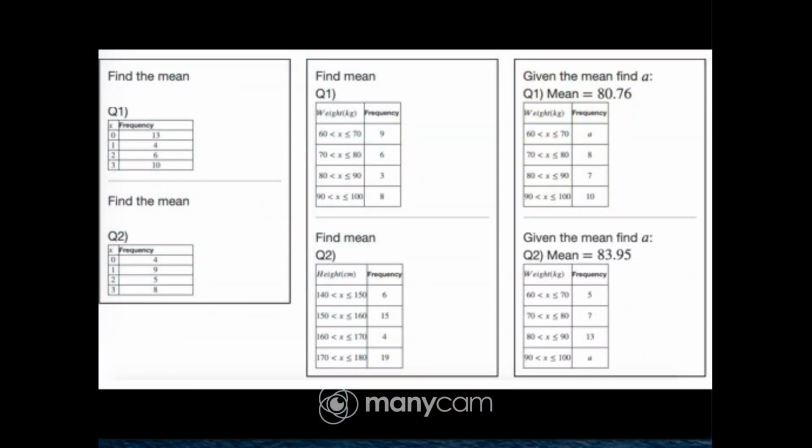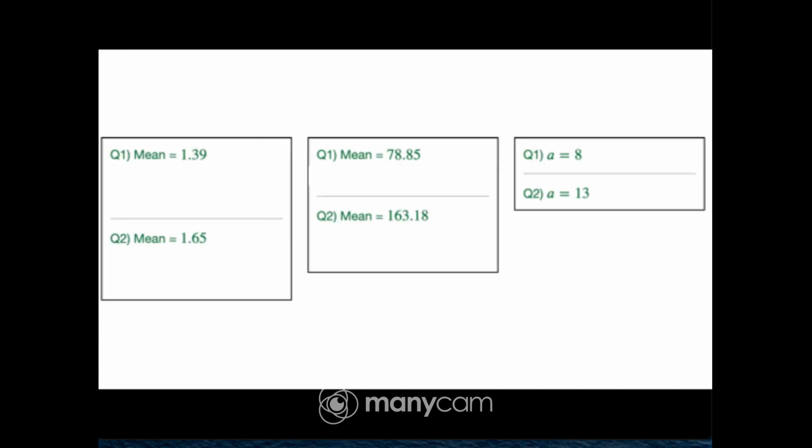So these are the questions. Make sure you pause at this stage if you're going to have a go at some yourself. And I'm going to put the answers up now. So you should unpause by this point. And there are those answers.